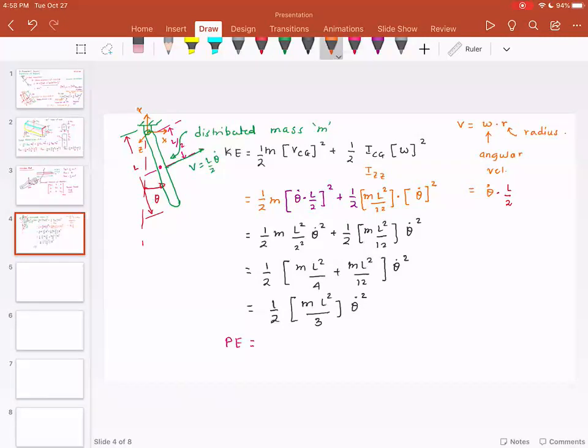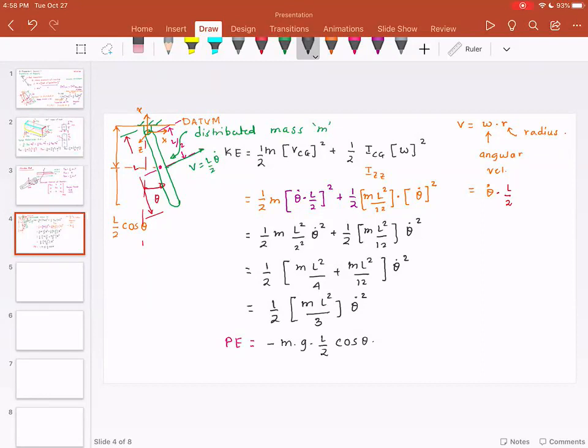And considering this as datum, this vertical distance is L by 2 cosine of theta. And since it's going below datum, the potential energy is minus m g L by 2 cosine of theta. And please recognize that there is a negative sign because the CG is below datum. We are going down.